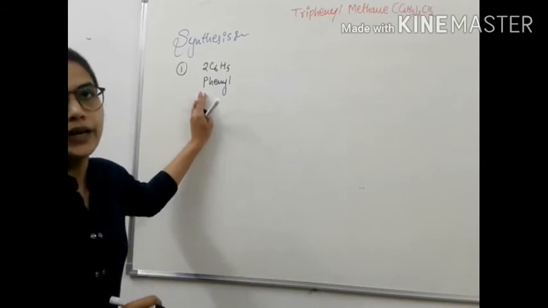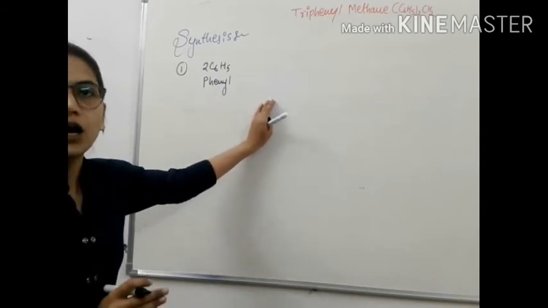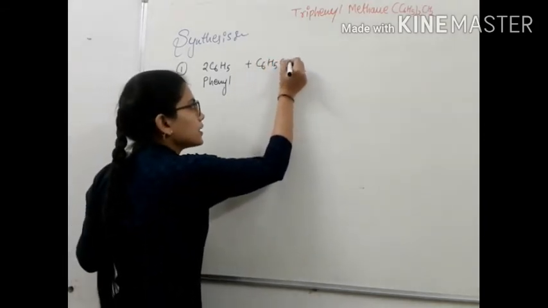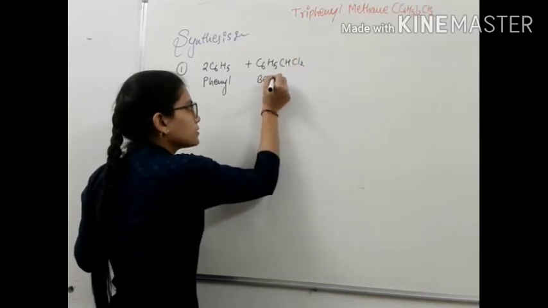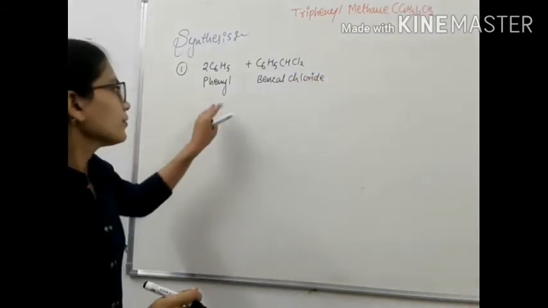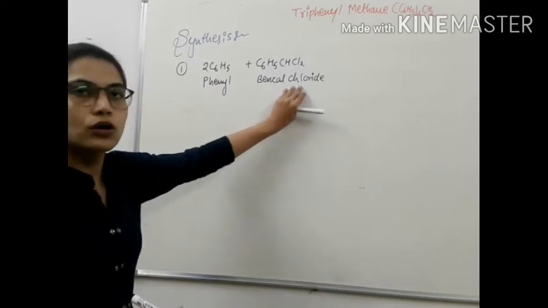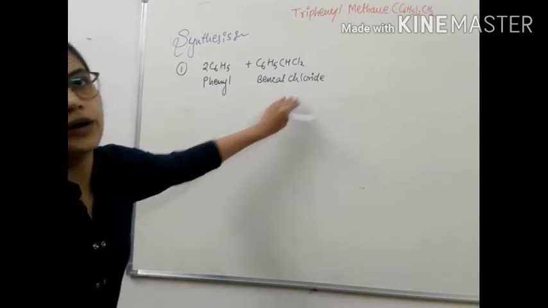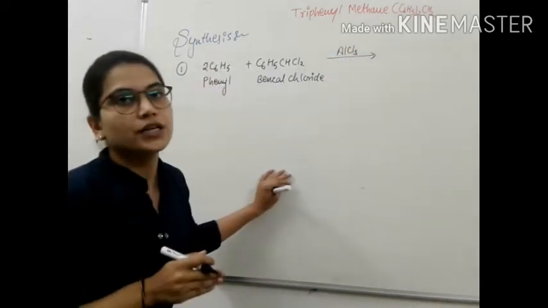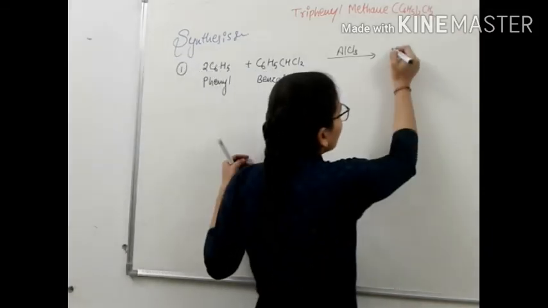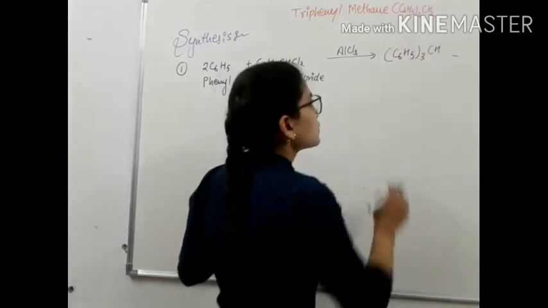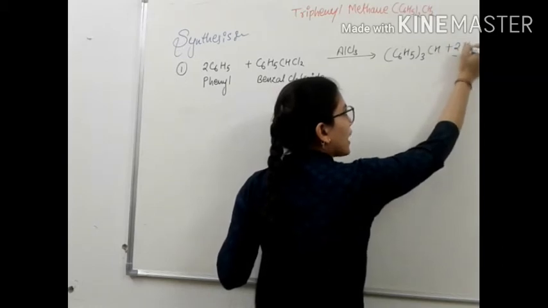Take 2 moles of benzene and react with benzal chloride, C6H5CHCl2, in the presence of aluminium chloride. The formation of triphenyl methane, (C6H5)3CH, and the remaining compound is HCl.